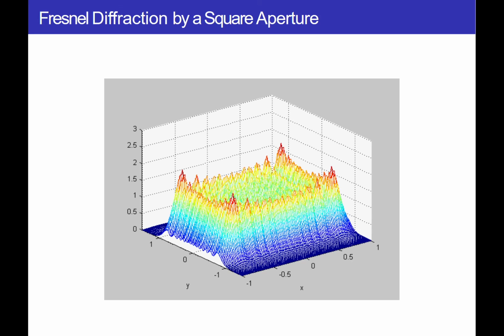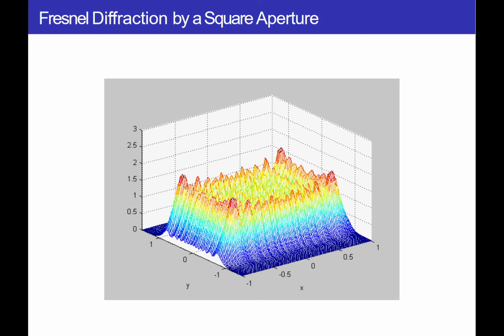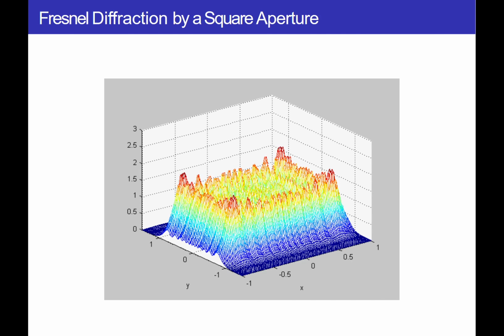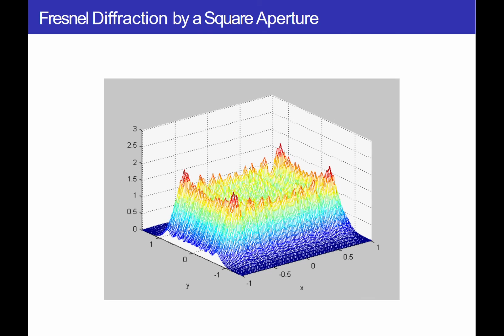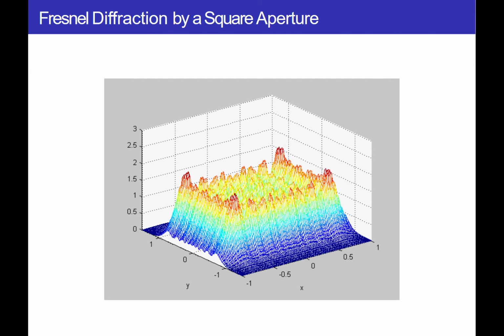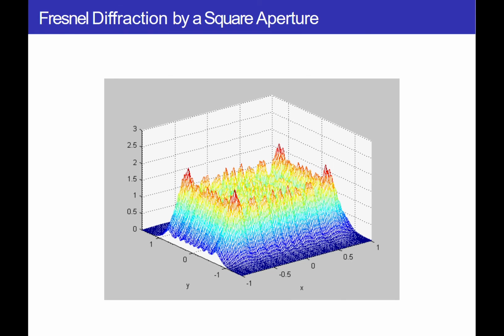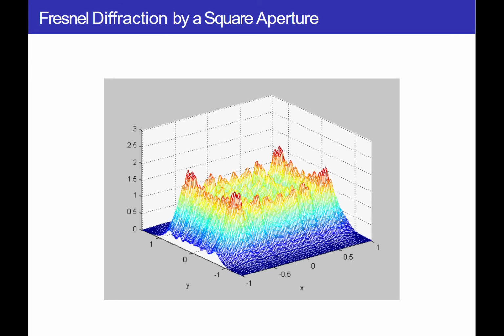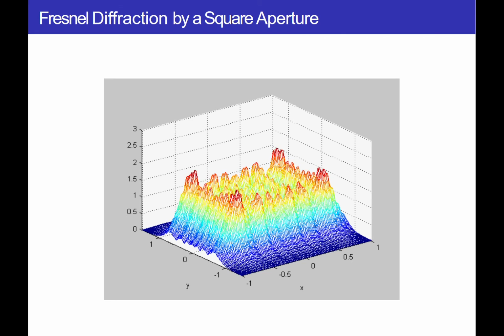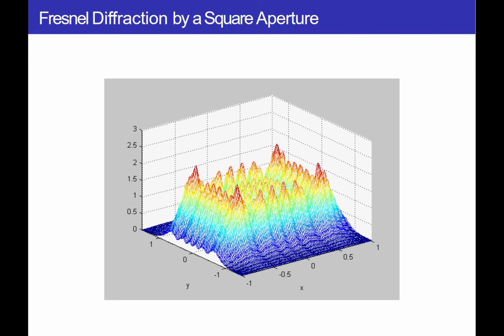It is all mathematically predictable. It is predictable. That is the beauty of Fresnel diffractions. Even though it looks very random, eventually we can actually predict Fresnel diffractions. And then it's getting there.